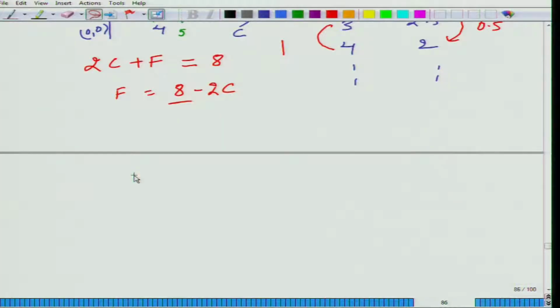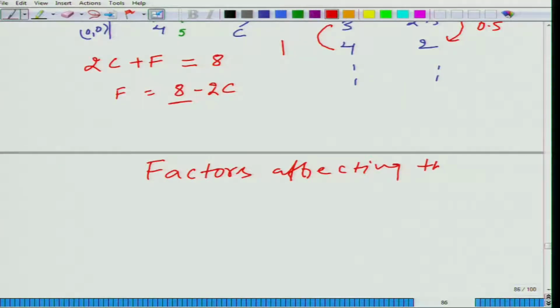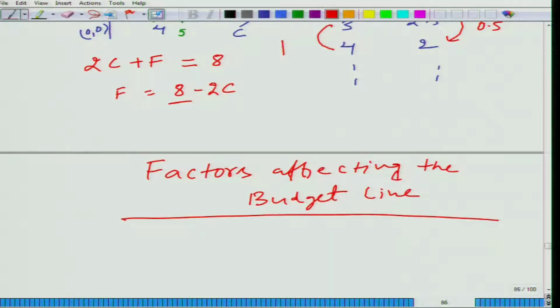So, factors affecting the budget line. The example that I just gave you, there also the budget line is a combination of two straight lines, but it is not always true that the budget line is a line, it can be a curve.